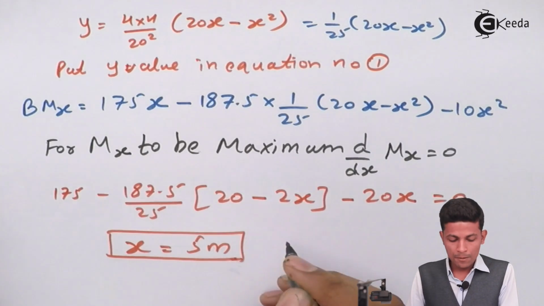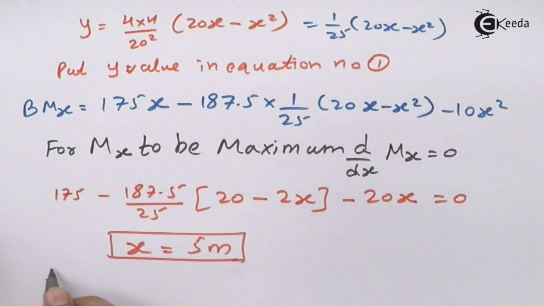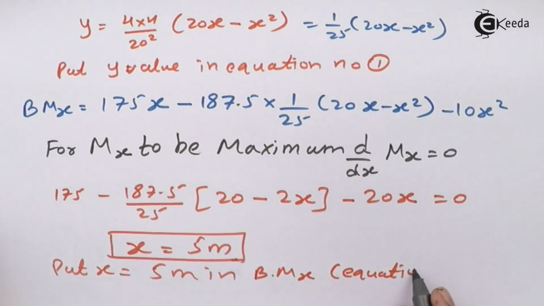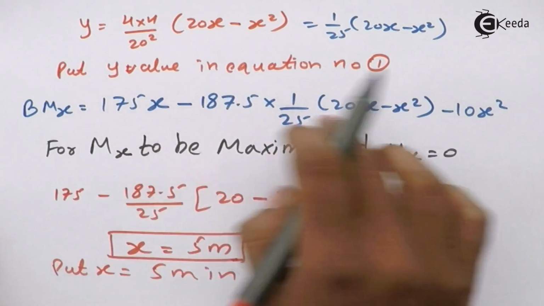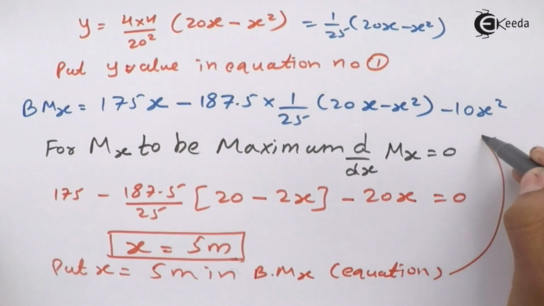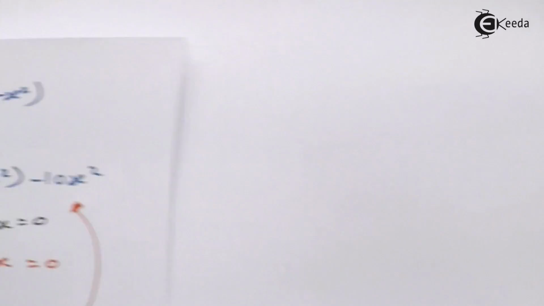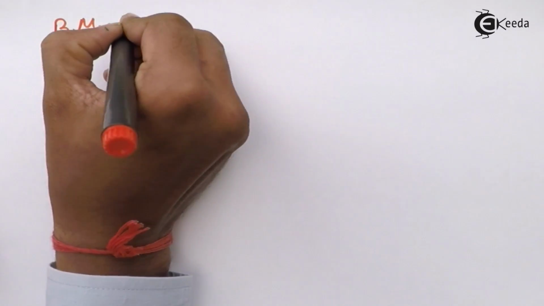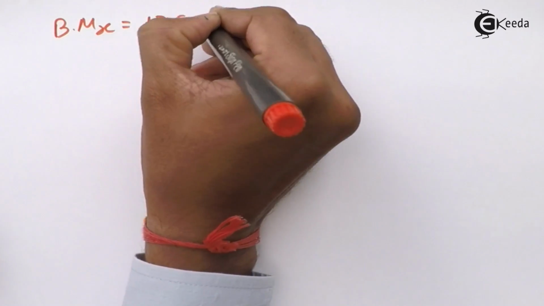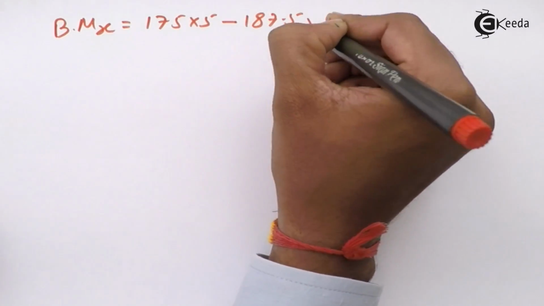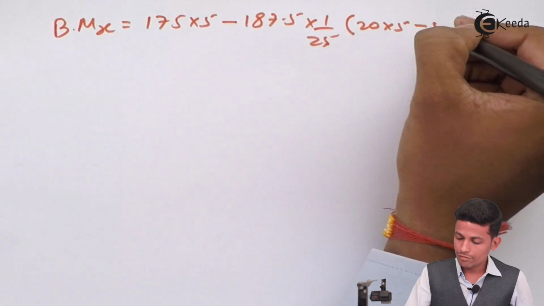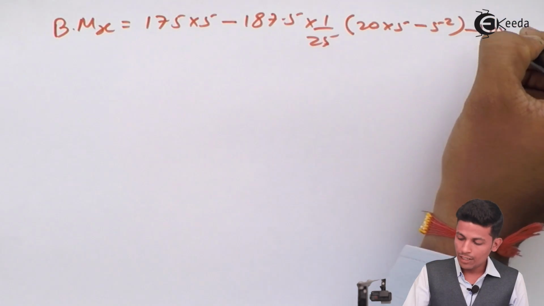Now put x equal to 5 meter in the bending moment at x equation. So bending moment at x equals 175 into 5 minus 187.5 into 1 upon 25, into (20 into 5 minus 5 square), minus 10 into 5 square.